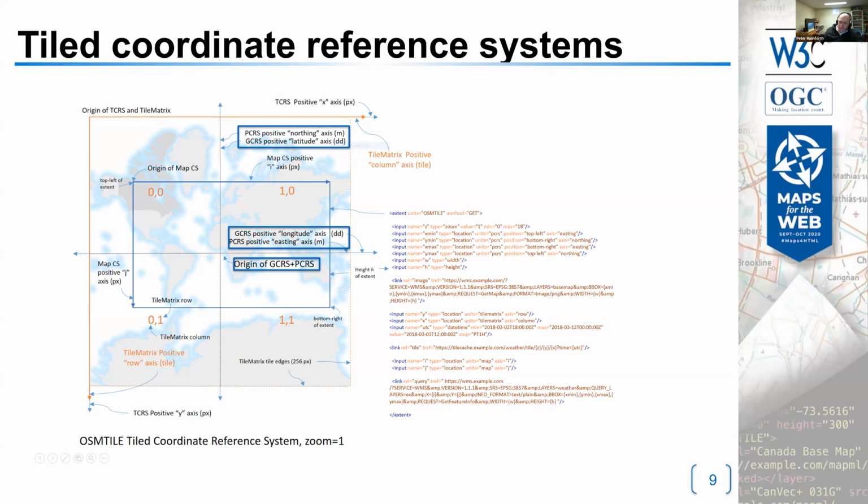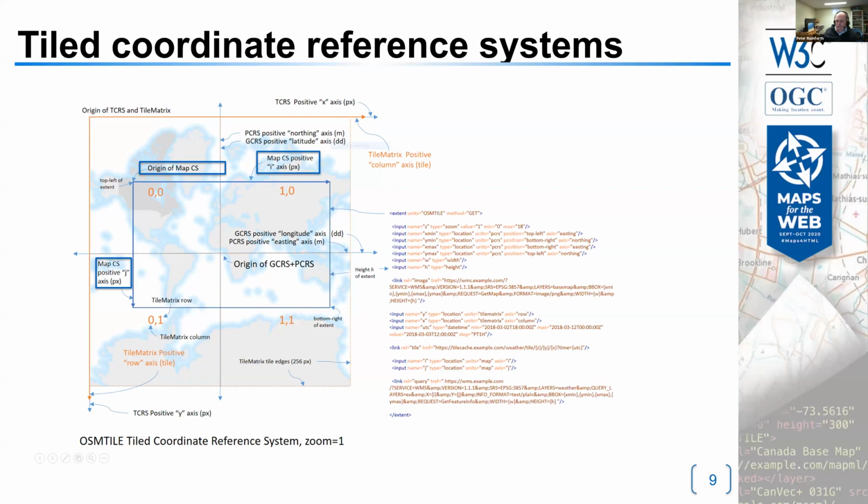Two additional coordinate reference systems are defined to correspond with the same concepts from the WMS and WMTS standards. The map coordinate system is defined by the map's dynamic viewport and has its origin in the upper left corner of the map. The horizontal axis is named I, while the vertical axis is named J. This coordinate system corresponds to the image coordinate system in HTML's client-side image maps.